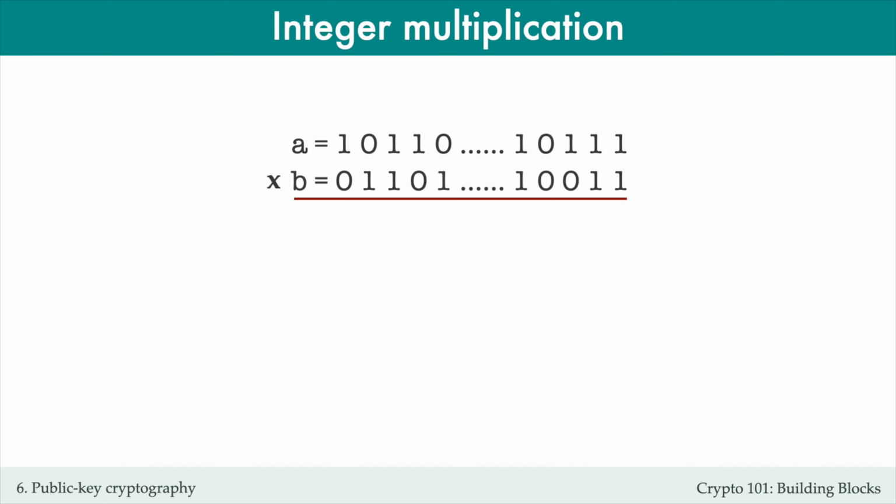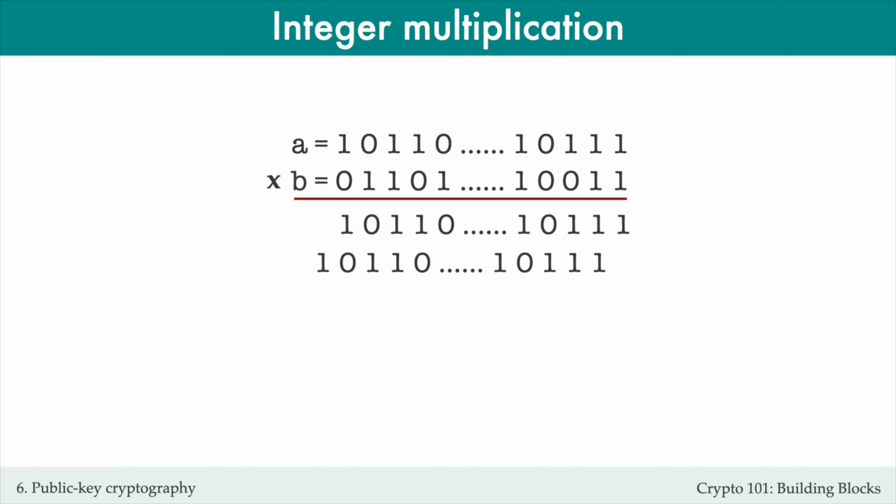Let's multiply two k-bit numbers a and b using the schoolbook method. If the rightmost bit of b is 1, then I write down a copy of a. I then look at the second rightmost bit of b, and if this bit is a 1, then I write down a shifted 1 bit to the left. I continue writing down copies of a, shifted some bits to the left, for each bit of b that's a 1.